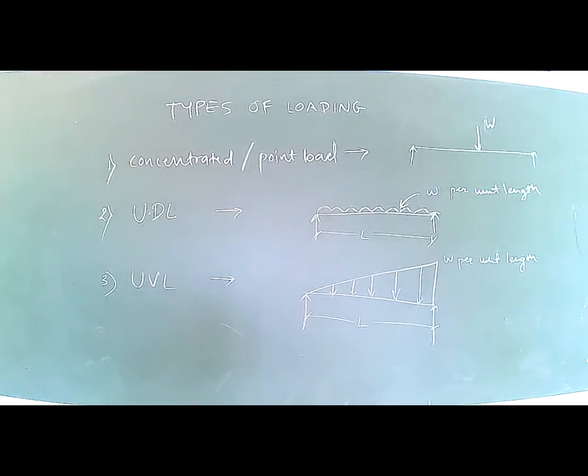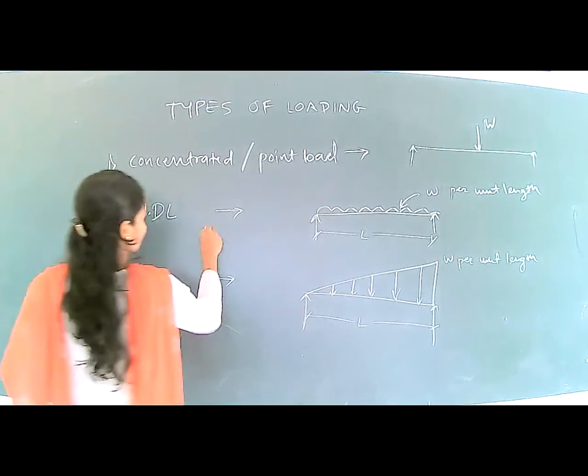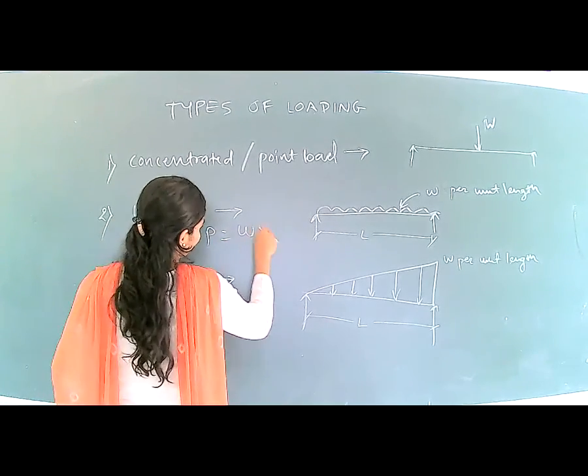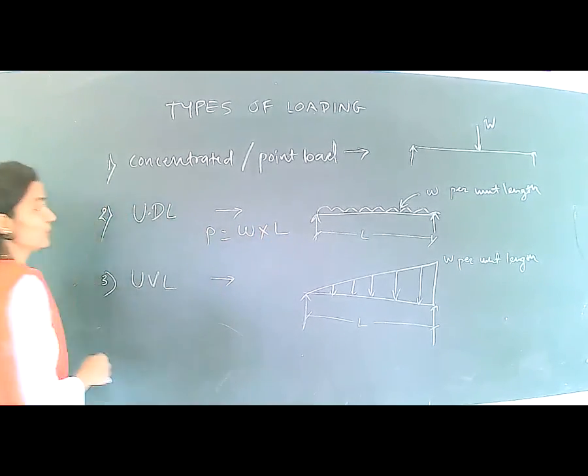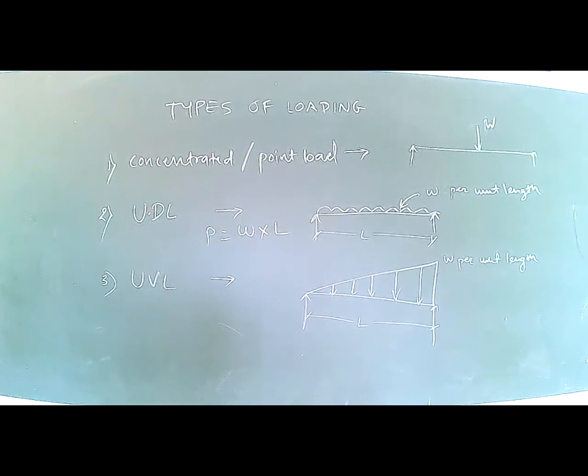You can convert a UDL into a point load. With intensity of load W and length L, the UDL will be converted into a point load of W into L, that is the intensity of load into the length. You will get the equivalent point load of that UDL.